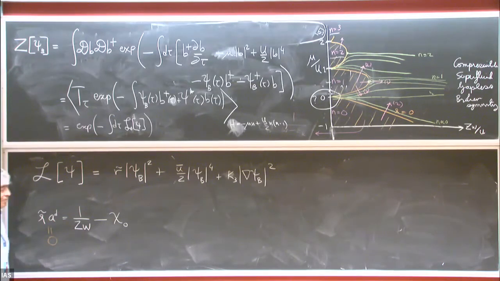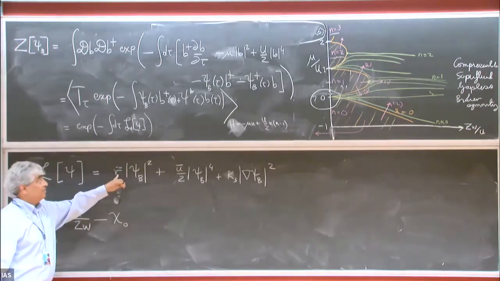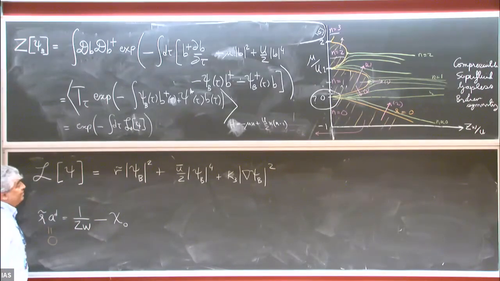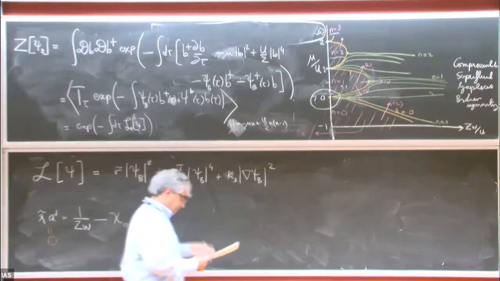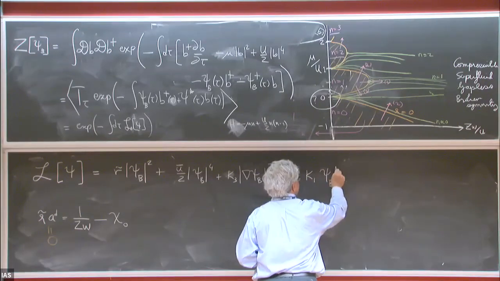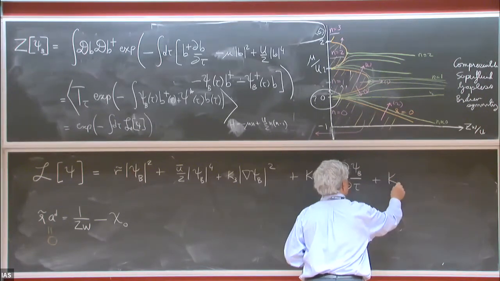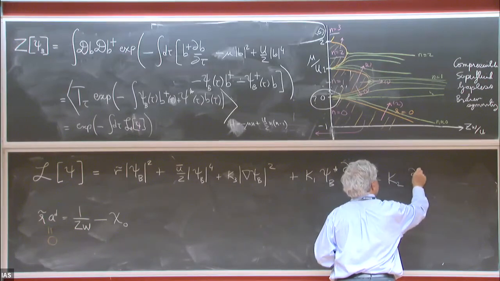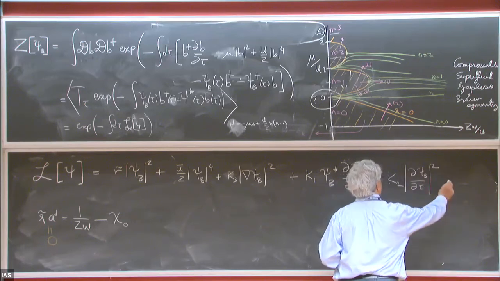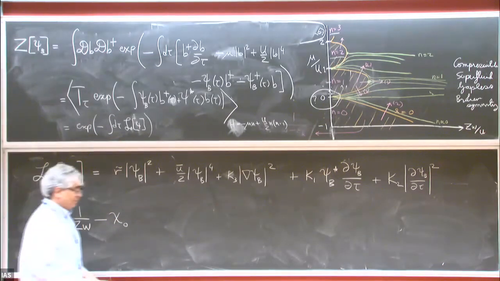But there's something more beyond Landau theory that we have to put in, related to the very singular shape of the phase boundary, and also in the time derivative terms. You can guess their form: a coefficient K1, psi b star d psi b by d tau, plus K2 times d psi b squared, and so on. So really the question is, what are these K1 and K2?